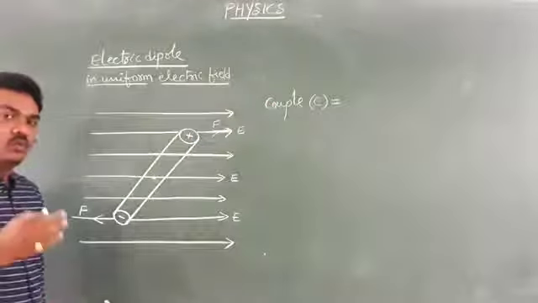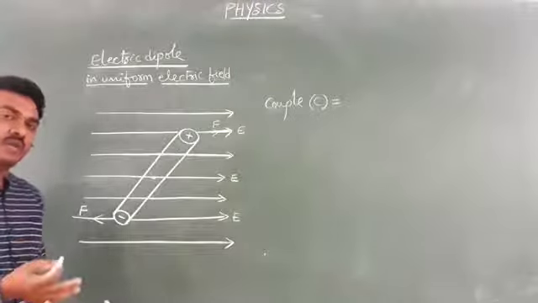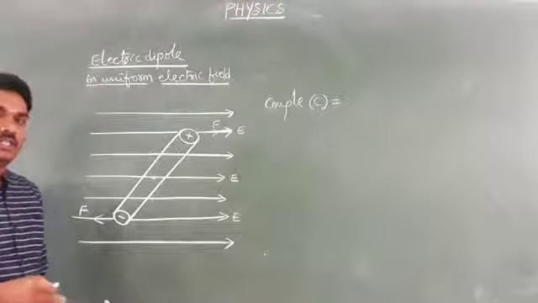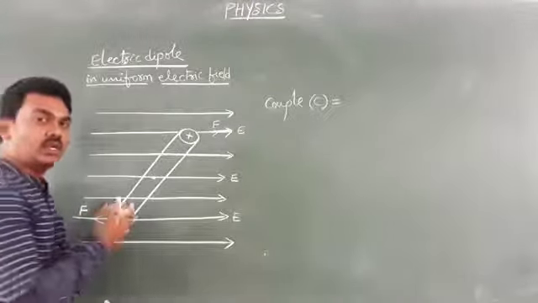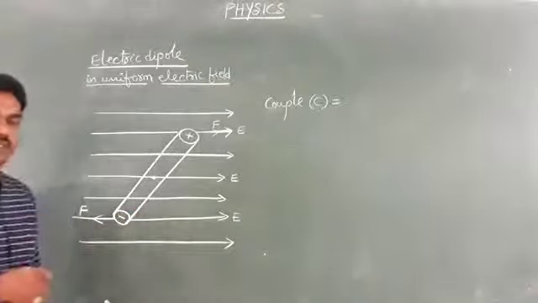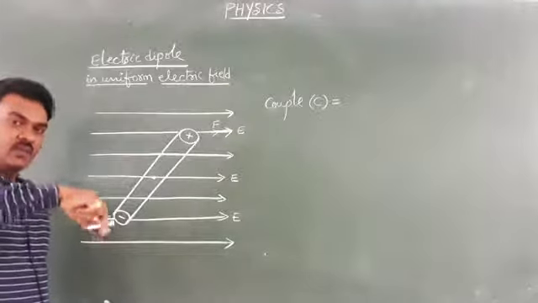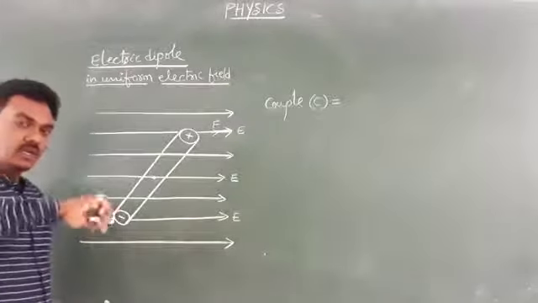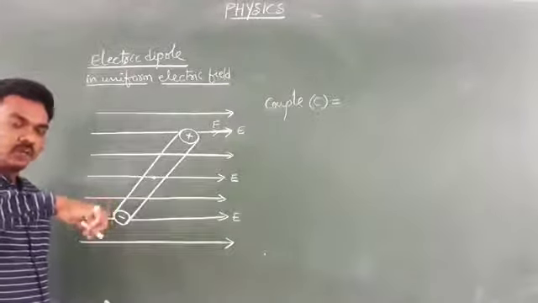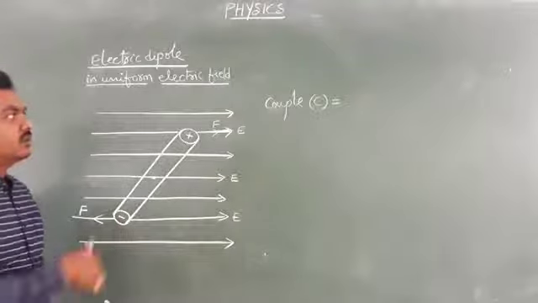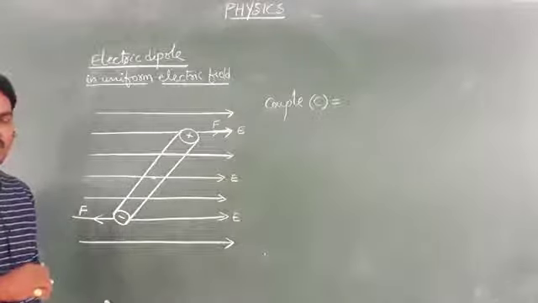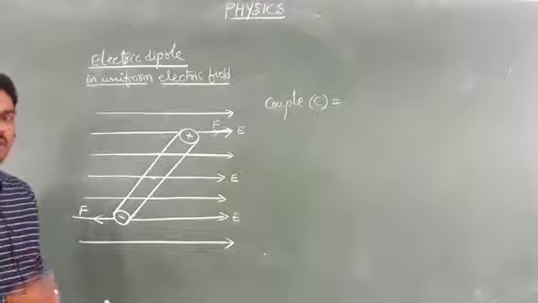Whenever two forces which are equal in magnitude and opposite in direction act simultaneously on a body at two different points, they produce a rotational effect, like opening the cap of your bottle or turning the cap of the tap. That all comes under the concept of couple. You have learned this already in the basics of mechanics.